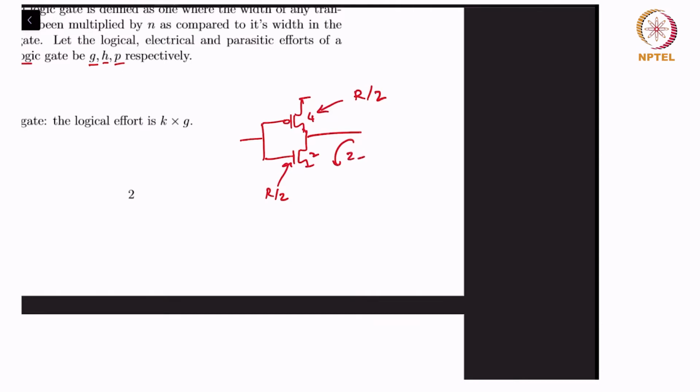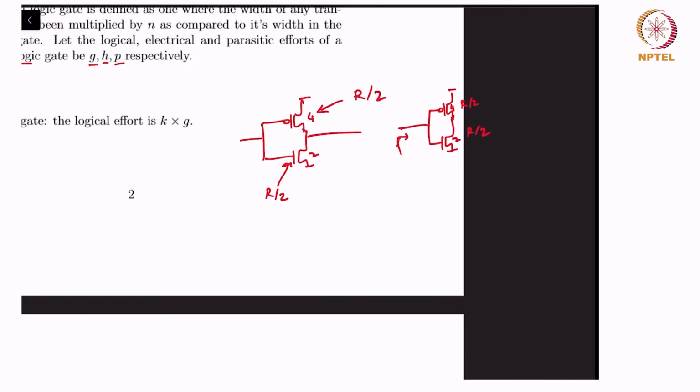So to calculate the logical effort, you can't anymore compare it with the 2-1 inverter, right? Because this has R and this has R. So you would have to compare it with a gate with the same resistance, R by 2 here, R by 2 here. That's 4 and 2.